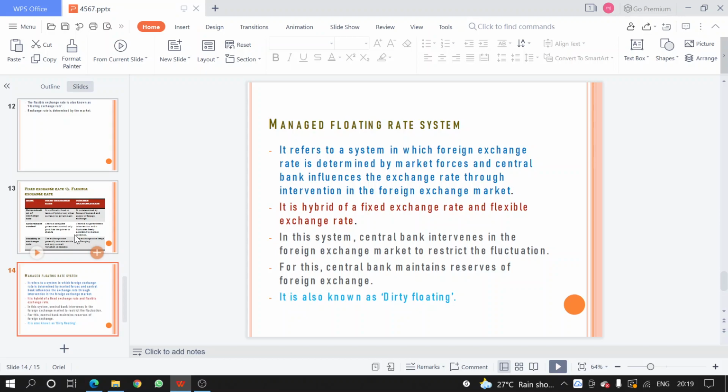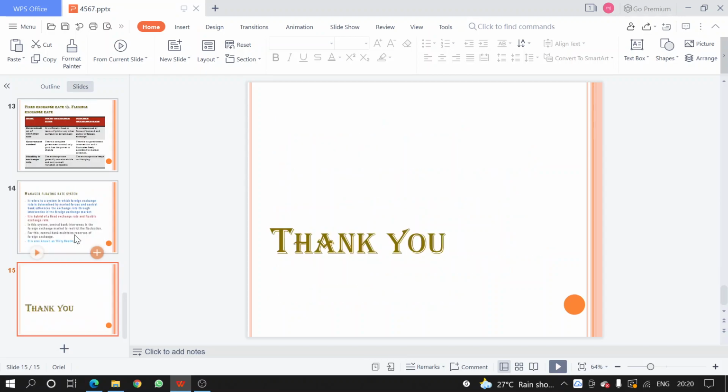Here the central bank acts on behalf of the government. You can say there is a range, that is highest and lowest, and in between, the managed floating exchange rate prevails. In this system, the central bank intervenes in the foreign exchange market to restrict the fluctuations. For this, the central bank maintains reserves of foreign exchange, and it is also known as the dirty floating exchange rate.